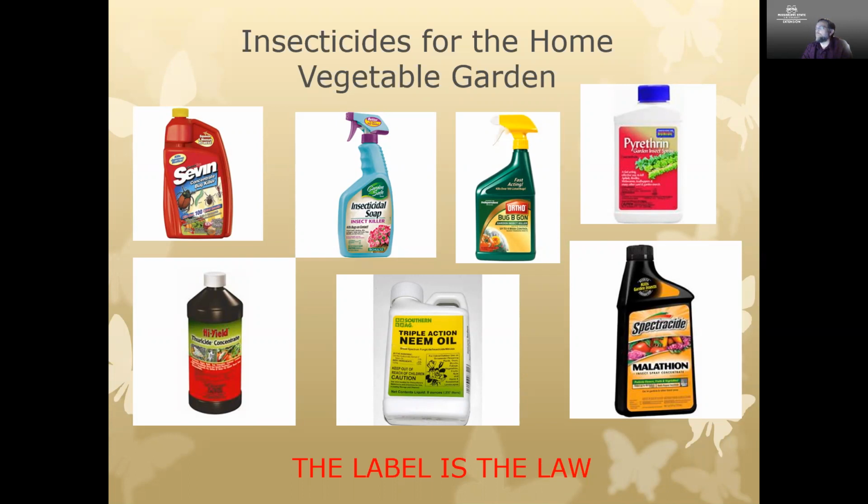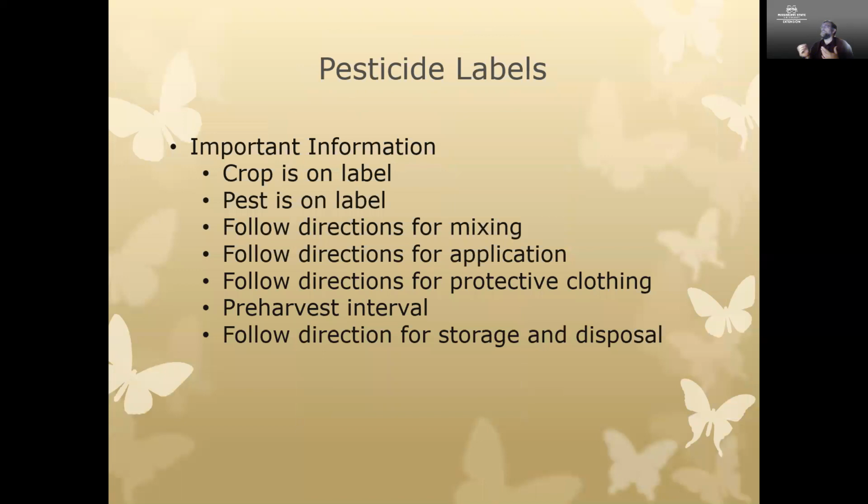All that information is going to be on the label. We want to make sure that we obey that label, not only because that's really how that insecticide is going to be most effective, but also for safety. So again, the information that's going to be there on the label is going to be first of all, the crop that we're trying to apply that insecticide to.